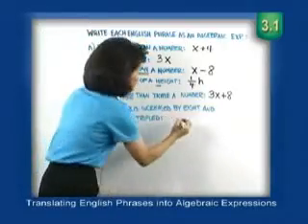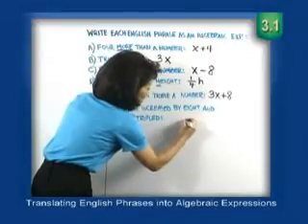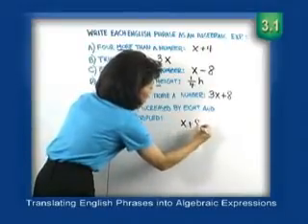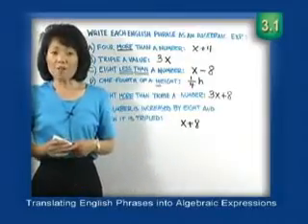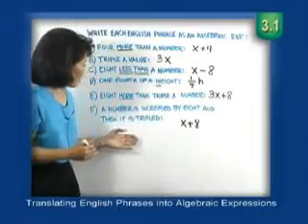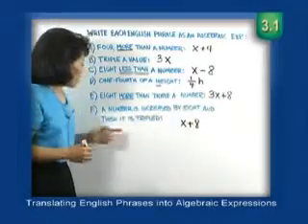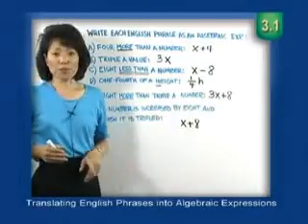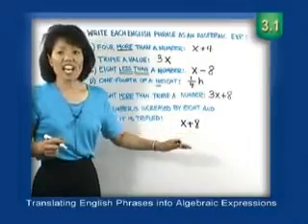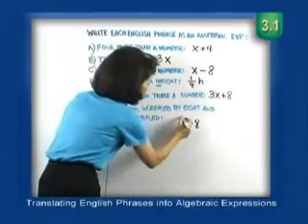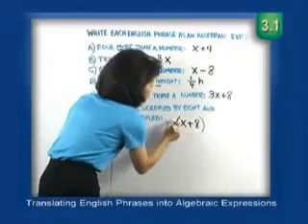So a number increased by 8 would simply be x plus 8. There's our number increased by 8. Now let's read on. And then it is tripled. So what that's telling us is the entire expression, x plus 8, is then tripled.